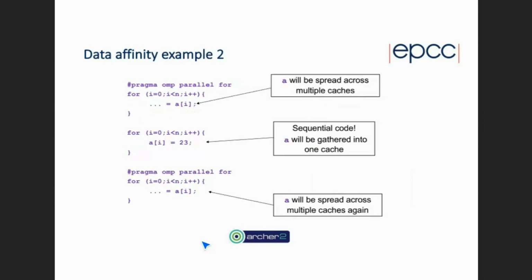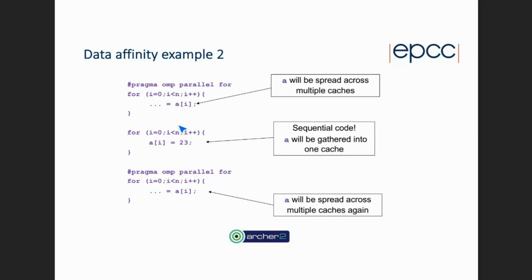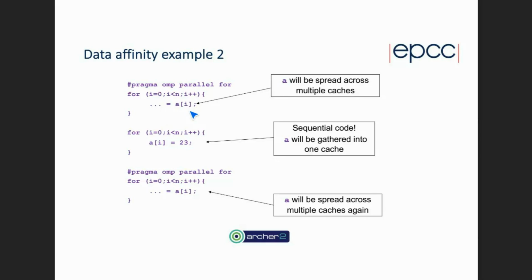Okay, so here's another example. Suppose we have really sketchy code here. Suppose we have a parallel loop that reads some values in an array A, and then we have a sequential loop that writes some new values into A, and then we repeat the original loop that does the read. So what's going to happen here?